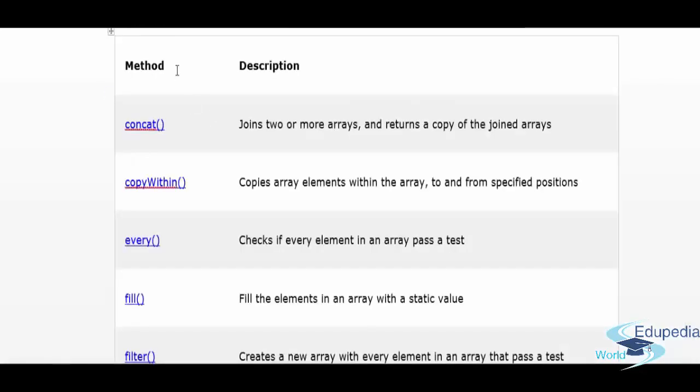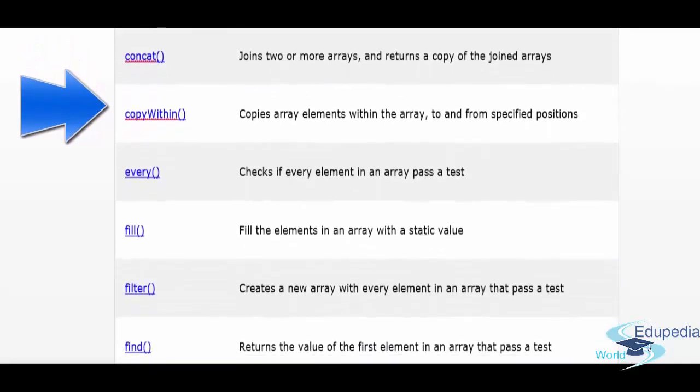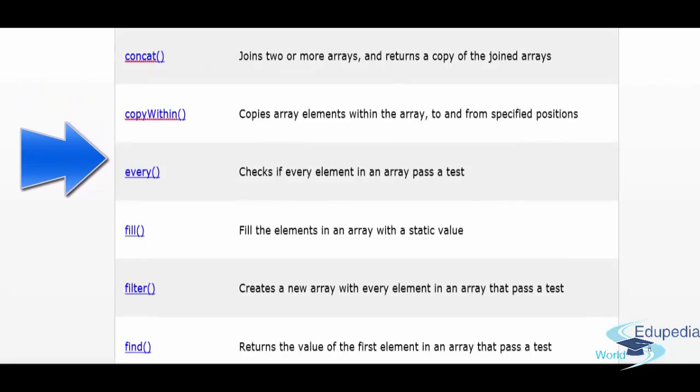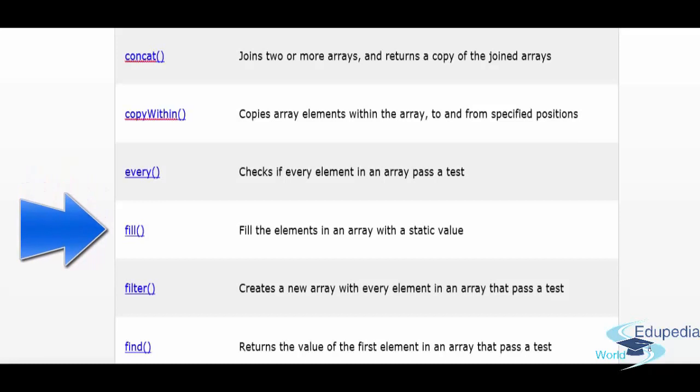There you go. These are the methods and these are their descriptions. You look at the concat method and you get this: joins two or more arrays and returns a copy of the joined arrays. Okay, copyWithin copies array elements within the array to and from specified positions. Every checks if every element in an array passes a test.